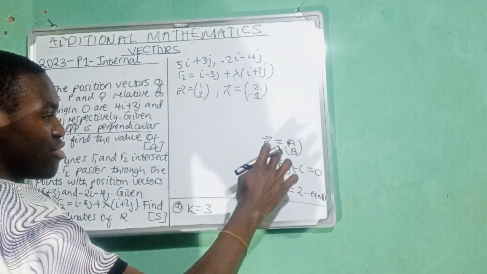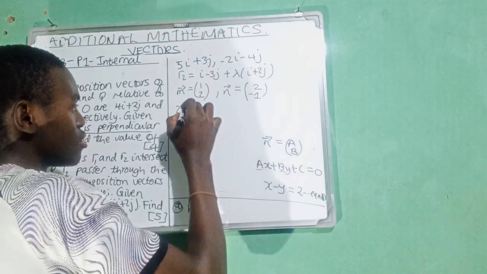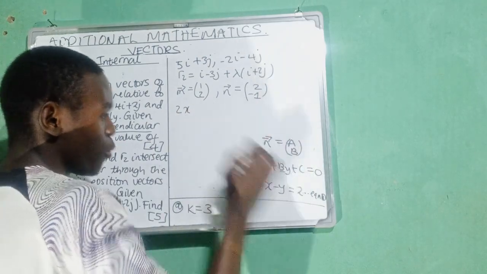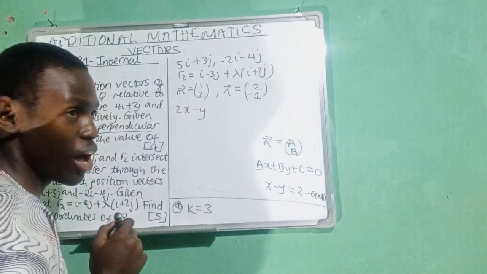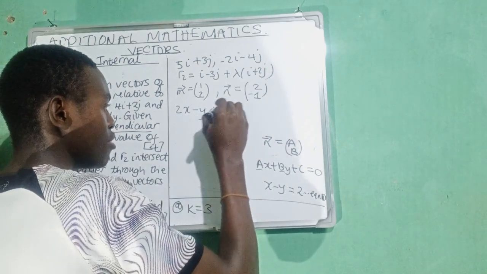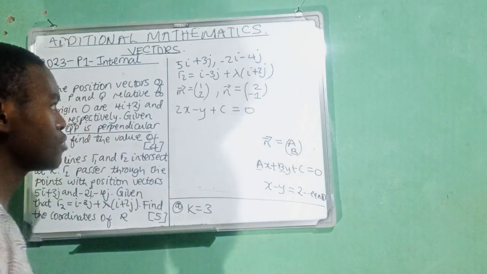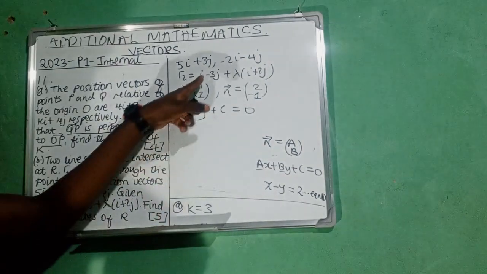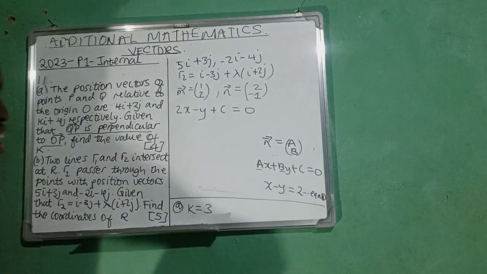Knowing this, we're just going to say 2x minus y, because it's negative 1 we don't write 1, plus c is equal to 0. Simple.